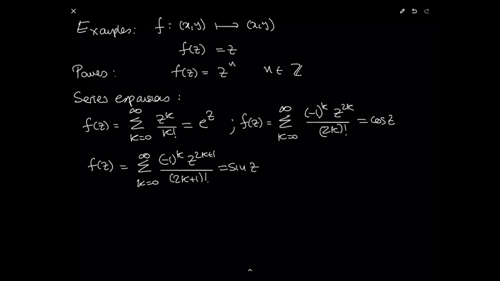Okay? But there are some functions which have interesting properties. So for example, if we consider the following functions, we'll see that they're multi-valued. So for example, we've seen the following case, f of z equals the nth root of z, where n is some positive integer. That's multi-valued. We've done that already.